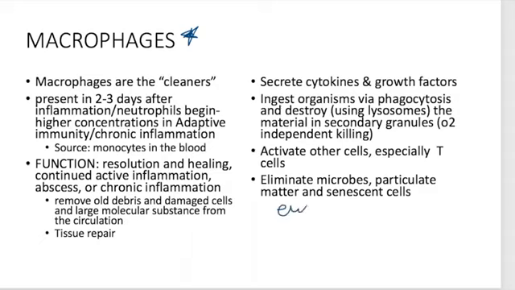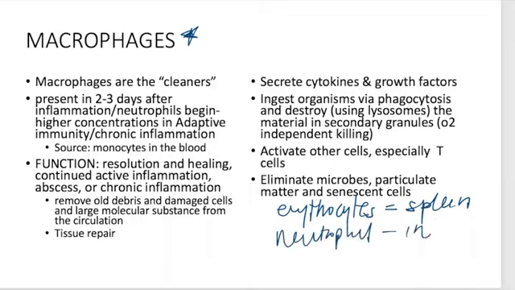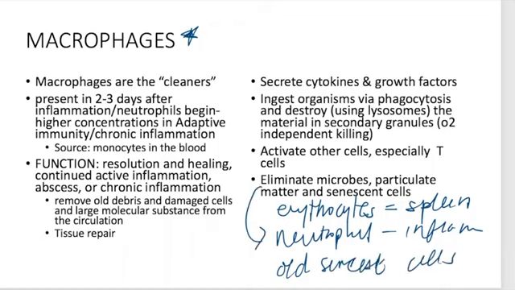We have erythrocytes, and they then go into the spleen. We have neutrophils at the site of inflammation, old senescent cells, and also eliminating microbes. So huge in keeping that cellular housekeeping, turnover, and making sure that everything stays cleaned up.